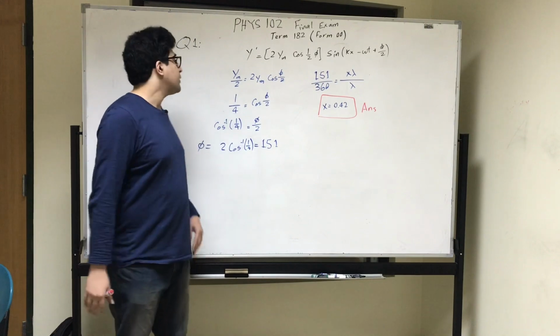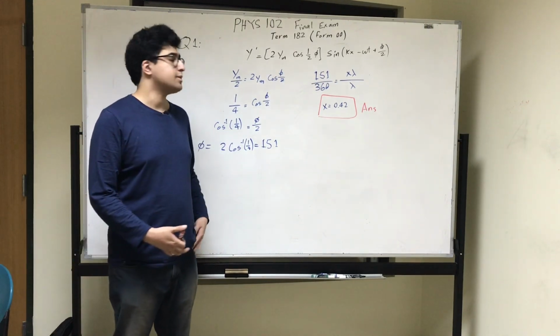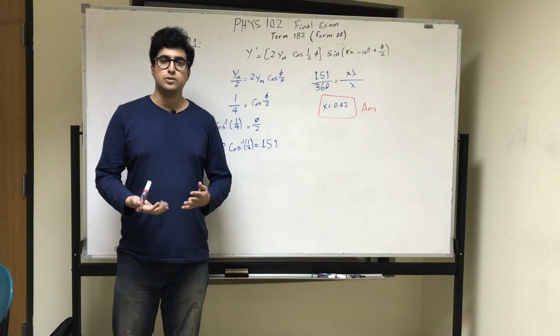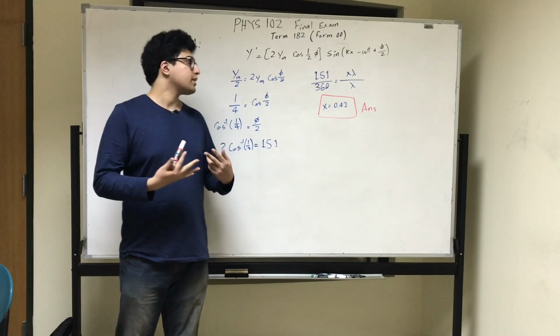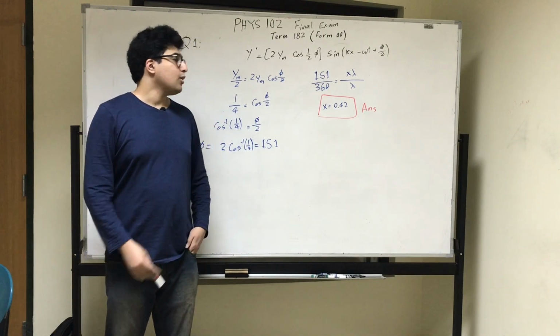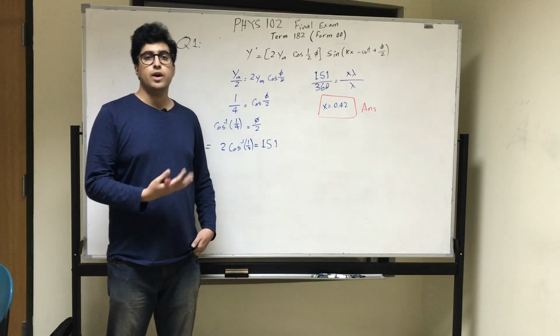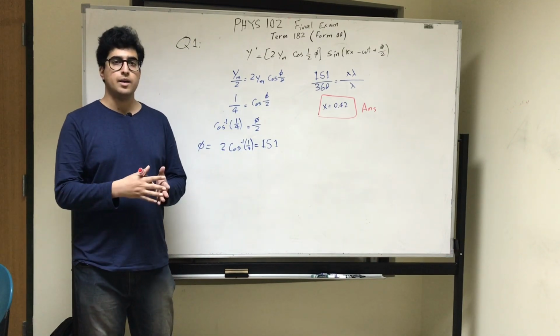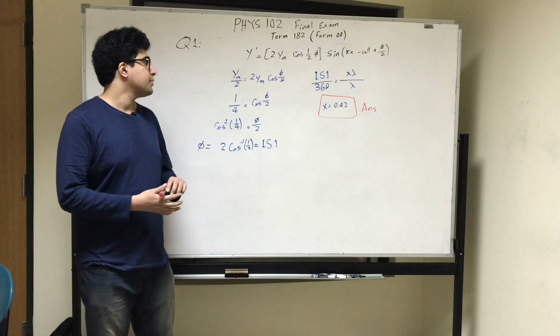Okay guys, our first question is asking: we have two waves traveling in the same direction, and these two waves are identical, which means they have the same frequency, the same wavelength, and the same amplitude.